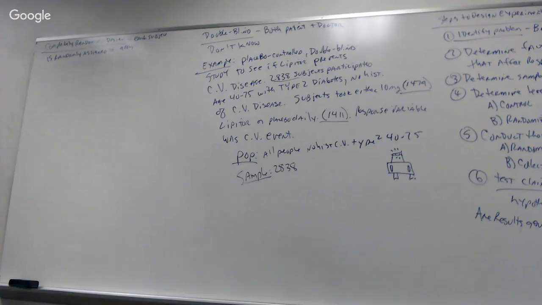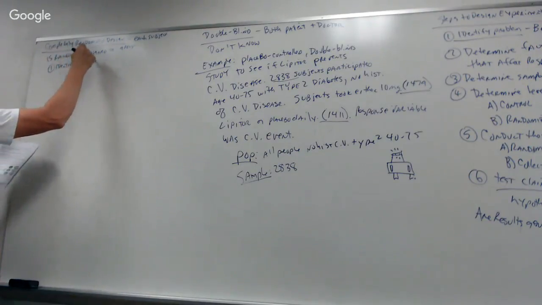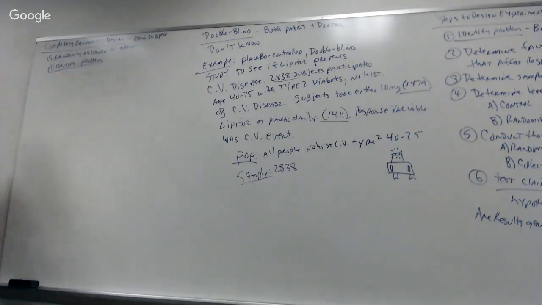So let's go through the steps to design an experiment, and we'll draw a little diagram as we go. Number one says identify the problem. That we just talked about.